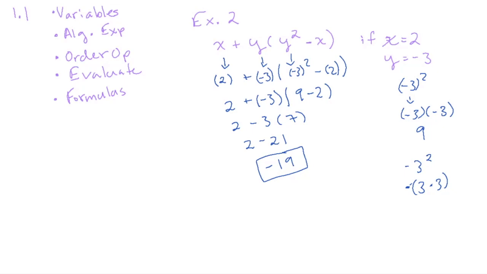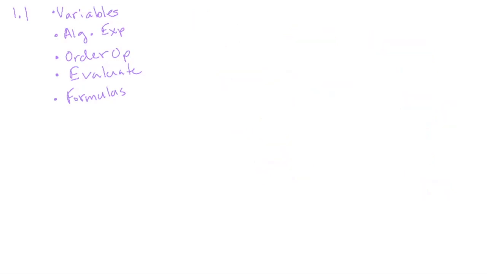All right, so let's say that we have the expression. This will be example 3. We have the expression c squared plus 3 d to the 4th c, all over c cubed plus 2 times d, where d is -2 and c is -3.